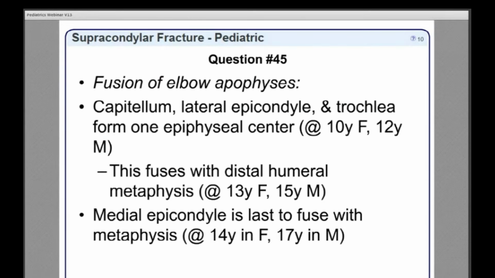The capitellum, lateral epicondyle, and the trochlea form one epiphyseal center at age 10 in girls and 12 in boys. And this center fuses with the distal humeral metaphysis at 13 in girls and 15 in boys. The medial epicondyle is the last part to fuse with the metaphysis, and that occurs at 14 in girls and around 17 in boys.